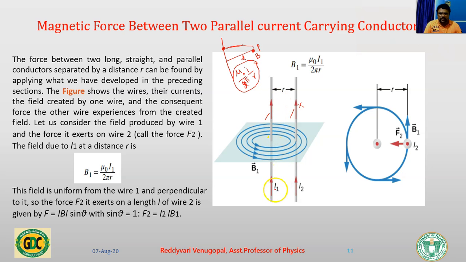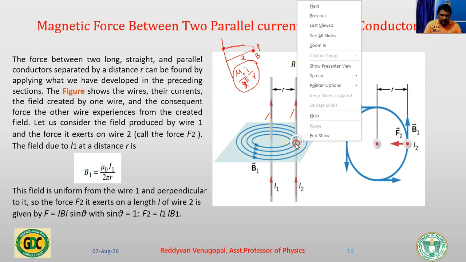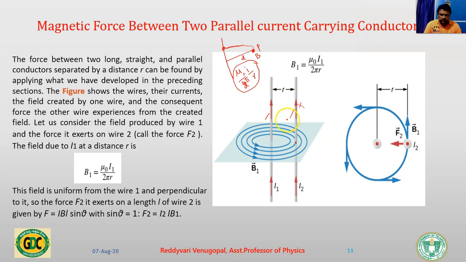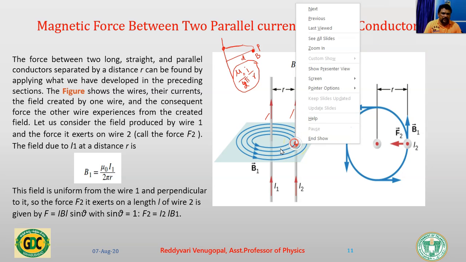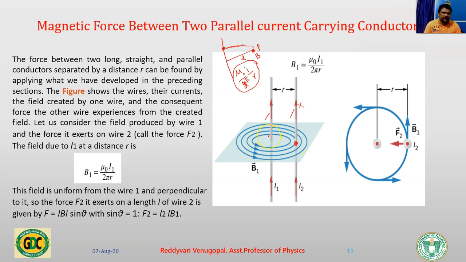These are the two current carrying conductors. At this particular point where the second current carrying conductor is placed, we have to find the magnetic field due to the first current carrying conductor.